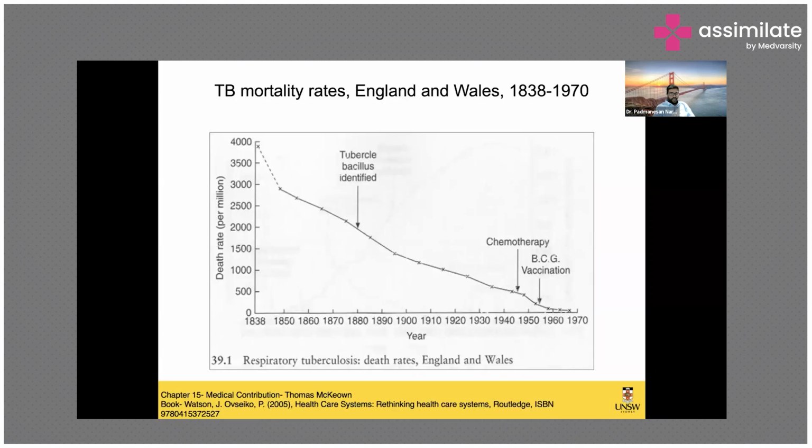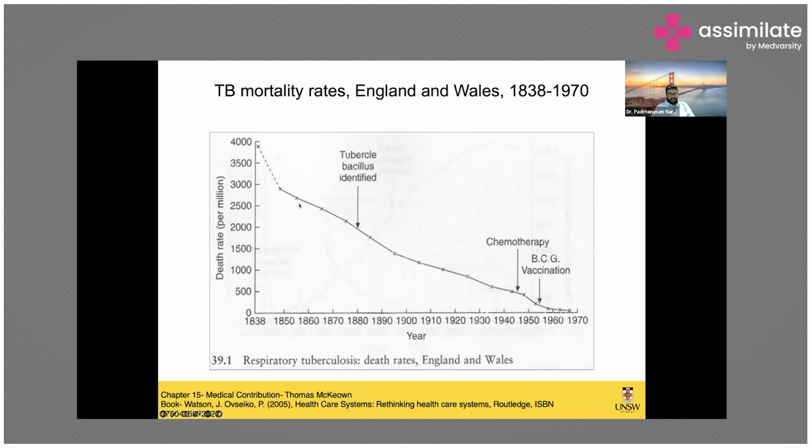Before we go through the treatment strategies and why India is struggling with TB elimination, I just want to spend 10-15 seconds on this slide. It shows the death rates in England and Wales between 1838 and 1970, and you can see the death rates have drastically reduced. In epidemiology, the steeper the curve, the higher the decrease.